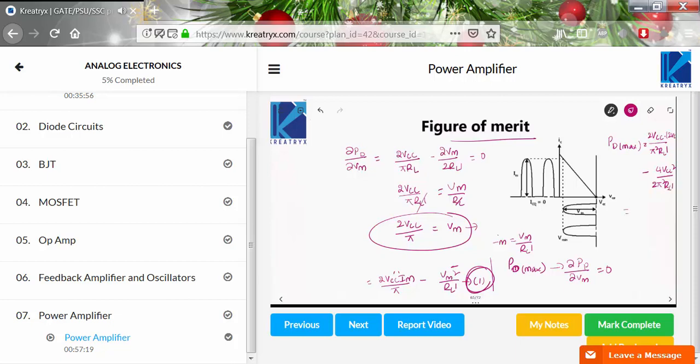So after simplification this will be equal to 2 VCC square by pi square into RL dash. This is the PD max value.